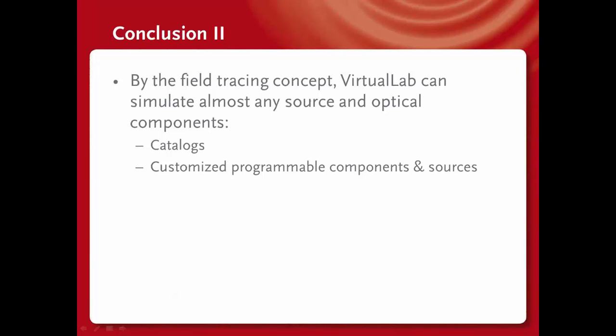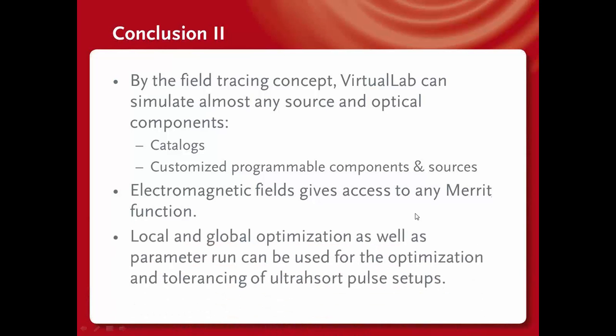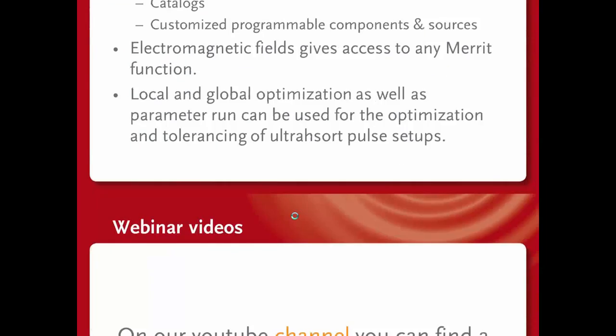And you can import these sources and optical components by catalogs, but you also can use VirtualLab as a programming platform and using MATLAB and C# programming to generate your own components. Also, the field tracing concept gives you, by its electromagnetic field representation, the access to any merit functions, and you can also program your merit functions, and you can then run local and global optimization as well as parameter runs for the optimization and tolerancing of ultrashort pulse setups.